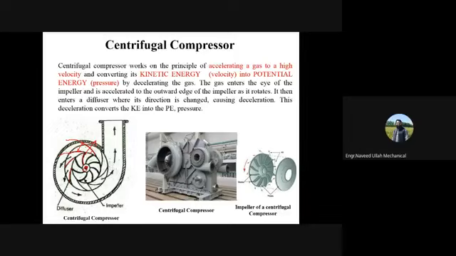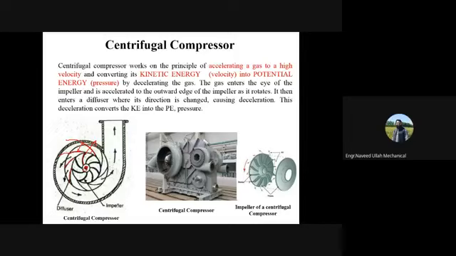This is actually a diffuser. We have discussed the nozzle, and the diffuser is the reverse in operation. Instead of the area decreasing as in the case of a nozzle, it is increasing, so the pressure will increase over here.